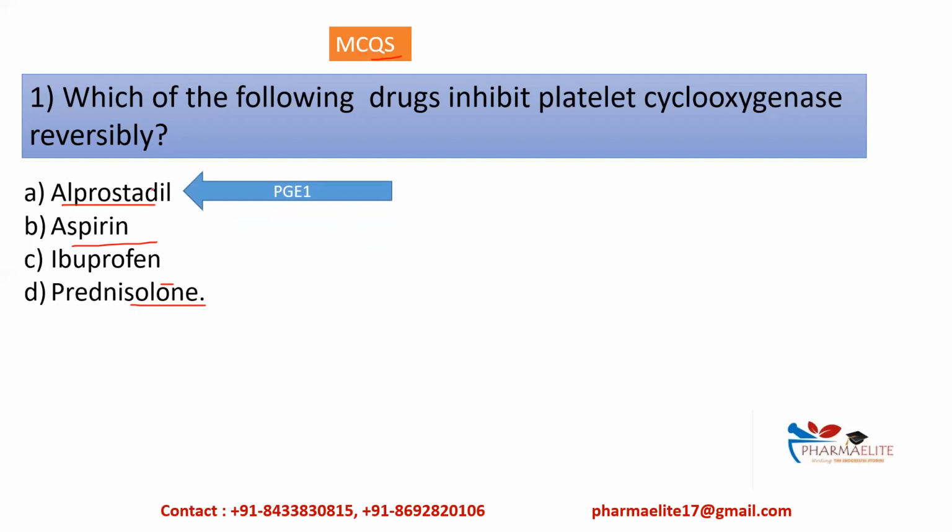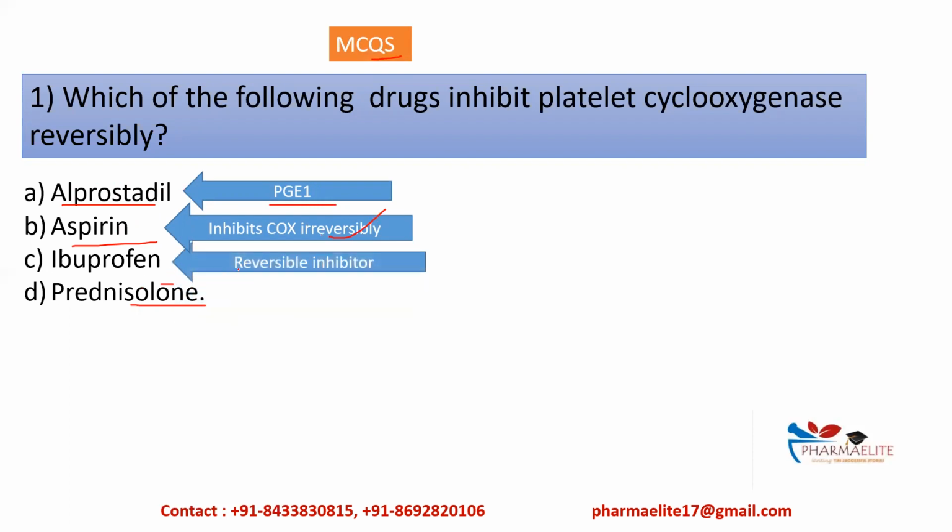Alprostadil itself is a prostaglandin, a PGE1 prostaglandin. Then aspirin. Aspirin inhibits COX irreversibly. Ibuprofen is a reversible inhibitor and prednisolone blocks phospholipase A, the first enzyme. So the correct answer over here will be ibuprofen. It reversibly inhibits this platelet cyclooxygenase.